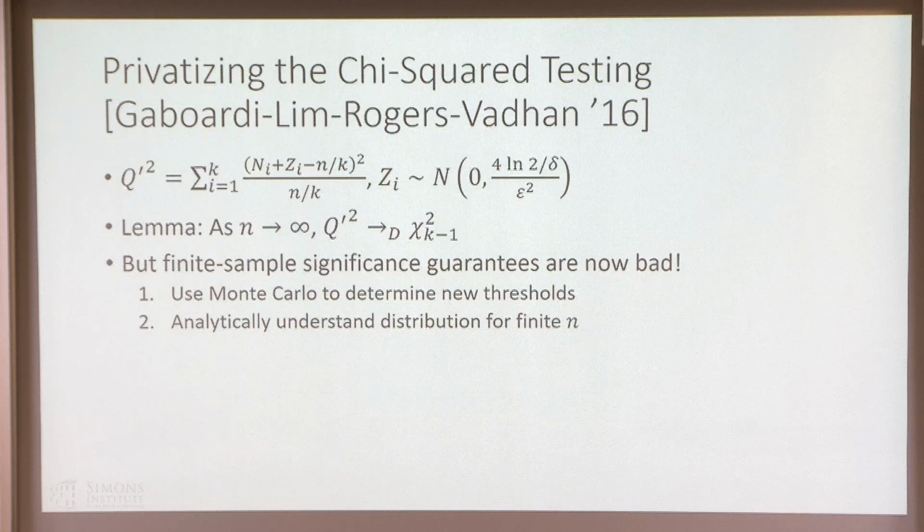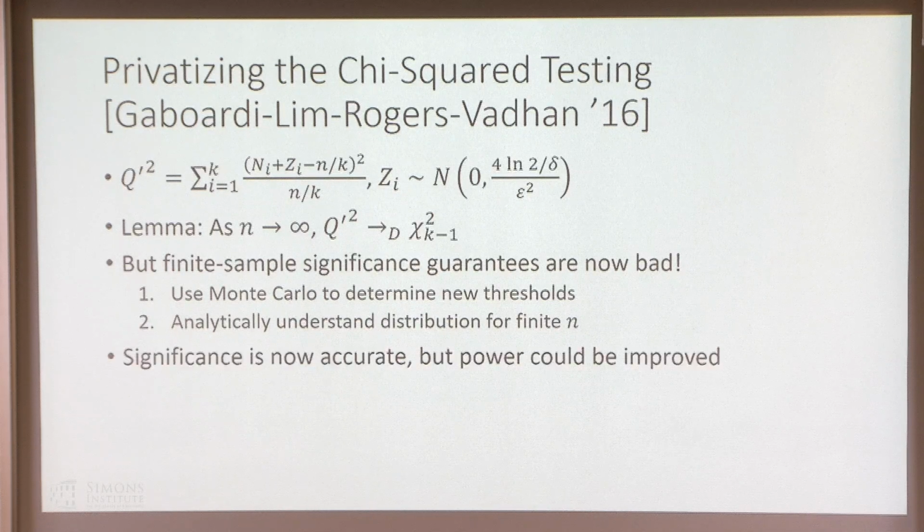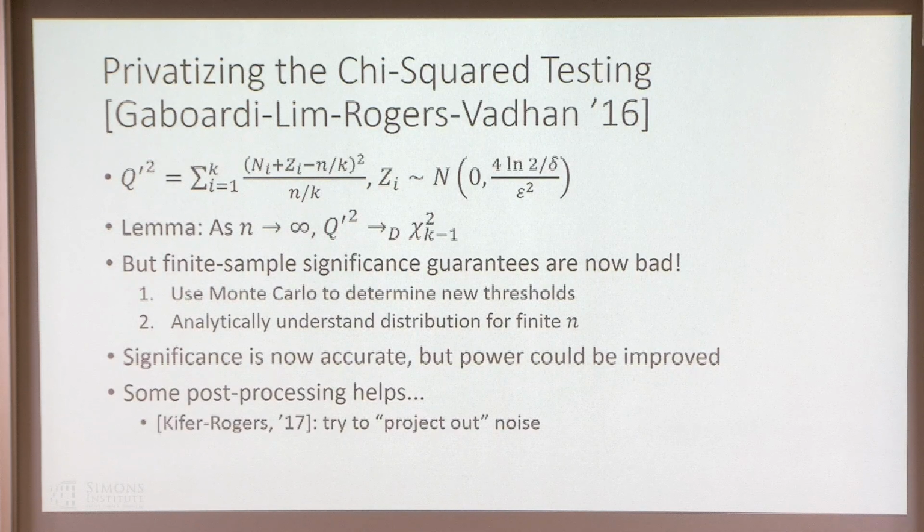But you can also analytically understand the distribution for finite n, which takes a bit more work. You now get the significance being accurate. Perhaps the power can be improved. There are other things you can do, like perhaps post-processing. I just wanted to give a shout out to this paper, which has a very surprisingly good method. I enjoyed it a lot, by Dan Kifer and Ryan Rogers, in which you try to post-project out the noise.